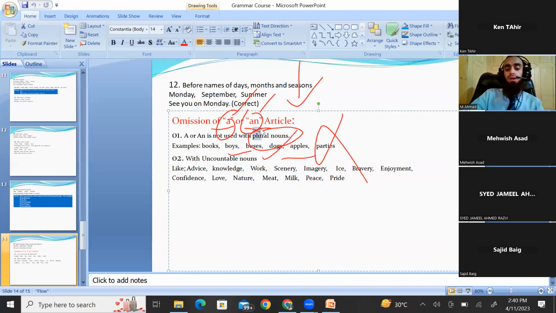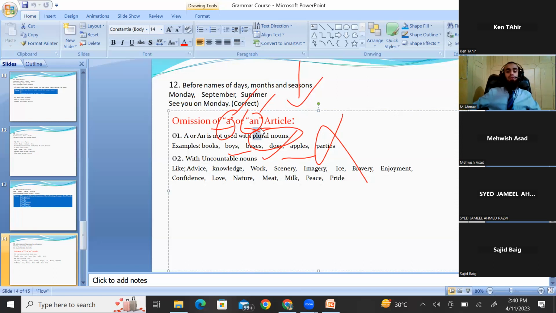Before uncountable nouns, yeah. What are uncountable? Tell me on the basis of the name. Yes, which we cannot count, like milk and meat.